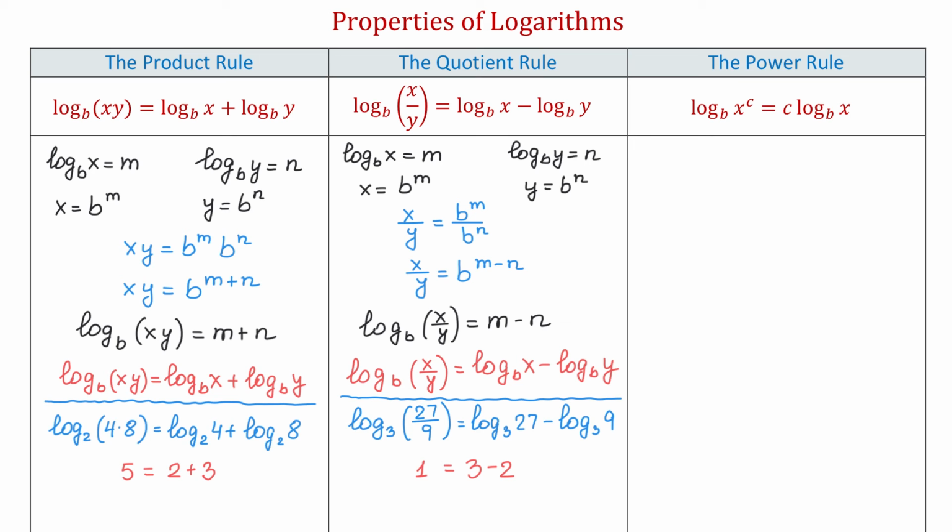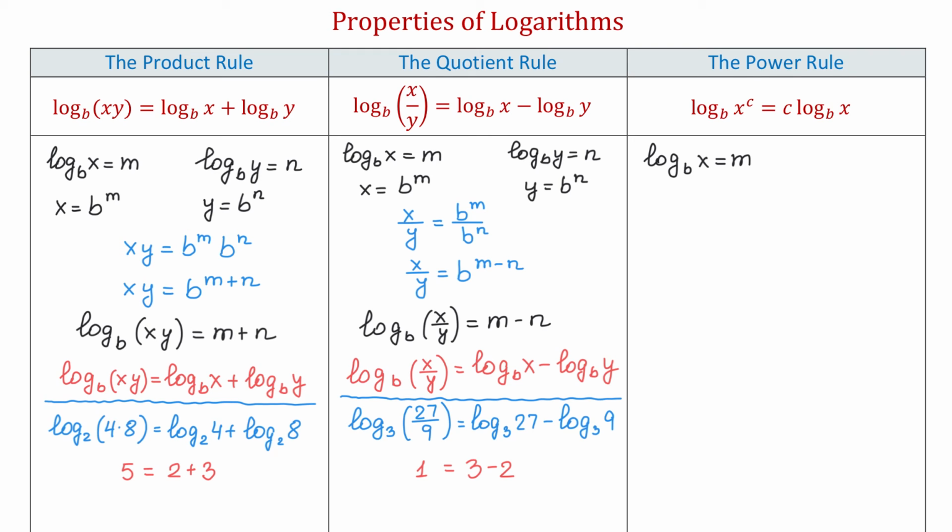And now let's talk about the power rule. Log base b of x to the power of c equals c times log base b of x. Here, the exponent c is moved in front of the logarithm and is multiplied by this logarithm. This is true because of the power rule of exponents. And again, to understand this, let log base b of x be equal to m.